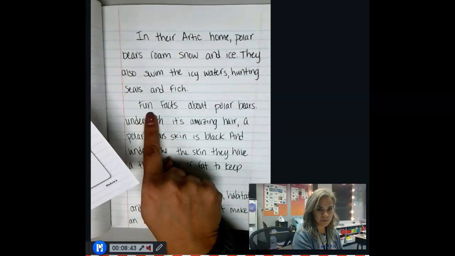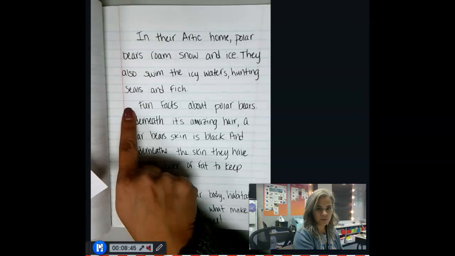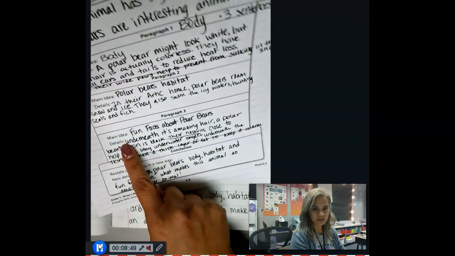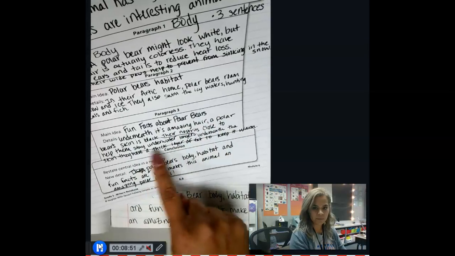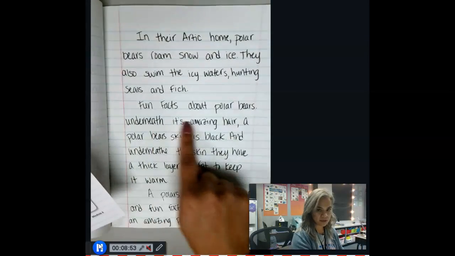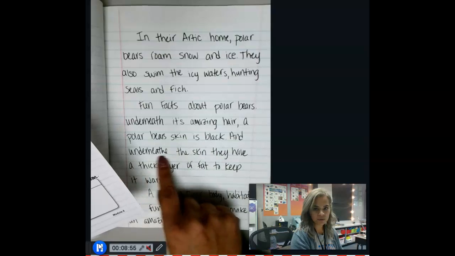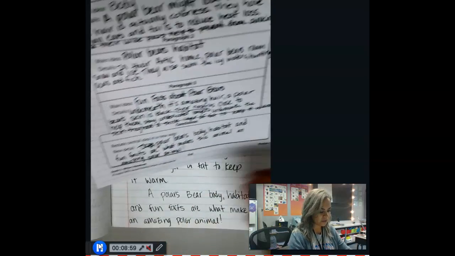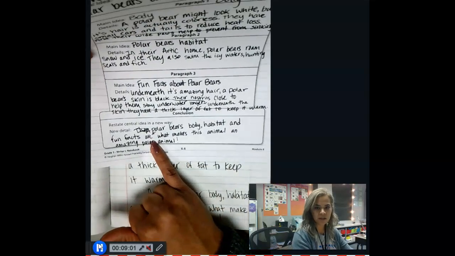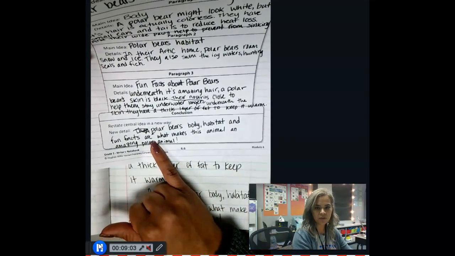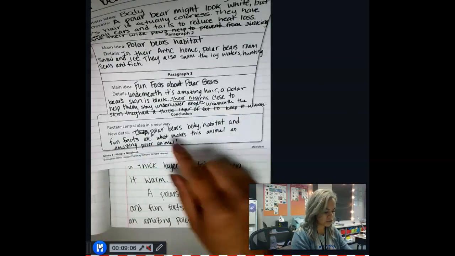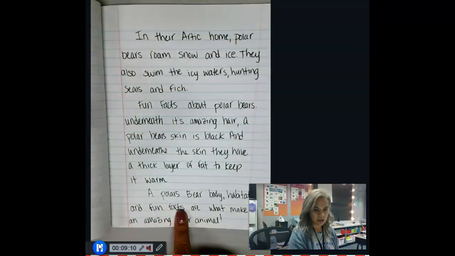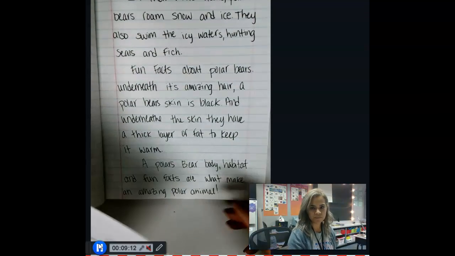So here's my body paragraph 3. Remember to indent, and then you are writing all of your details from body paragraph 3 onto your body paragraph 3 in your writing notebook. Then the last part will be for you to rewrite your conclusion. For your conclusion, all you need to do is just basically copy your conclusion from this pillar here and rewrite it on here.